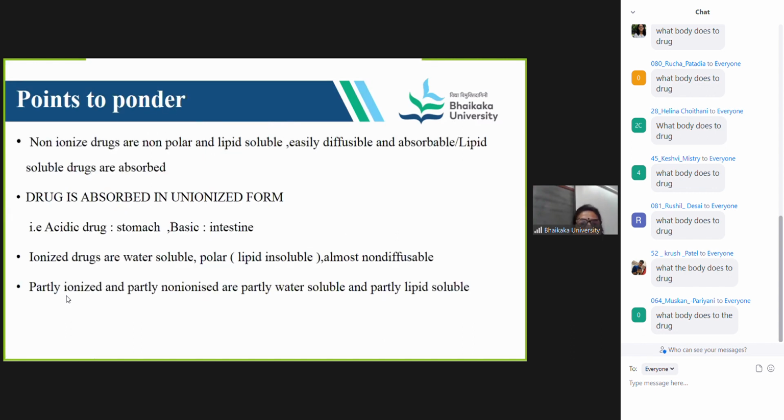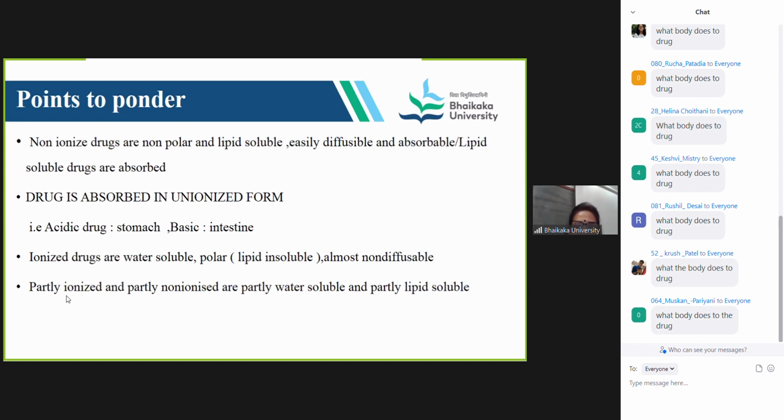Before I talk about the details of pharmacokinetics, there are certain points you need to remember. The first point is non-ionized, or unionized, drugs. They are non-polar and lipid soluble.